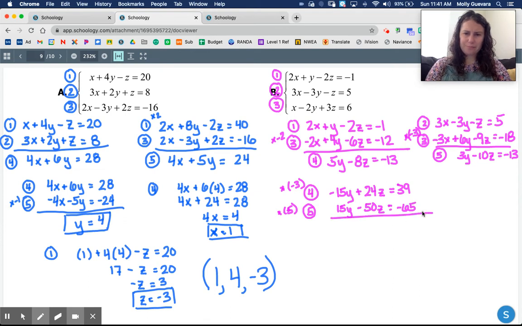And we add. So these guys cancel. Here I am going to get negative 26z. And then 65 minus 39 is negative 26. So divide, and I get z equals 1.